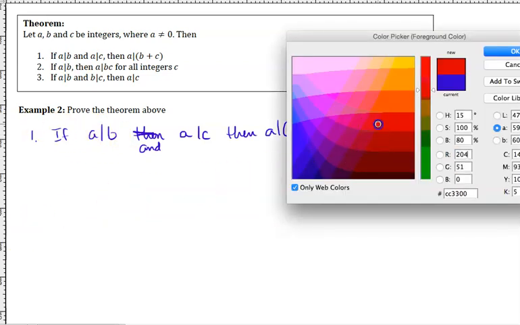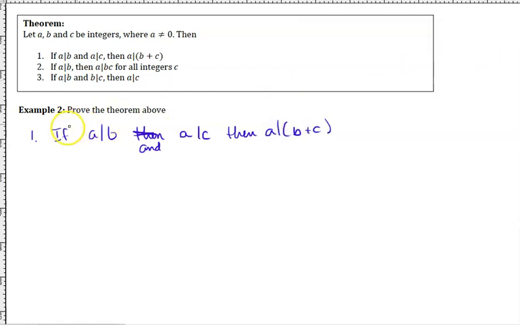Let's prove this theorem with a direct proof. These are our premises, and this is our conclusion that we're trying to prove. So let's take our premises. We know a divides b, and by the definition, we can write b as a times an integer.